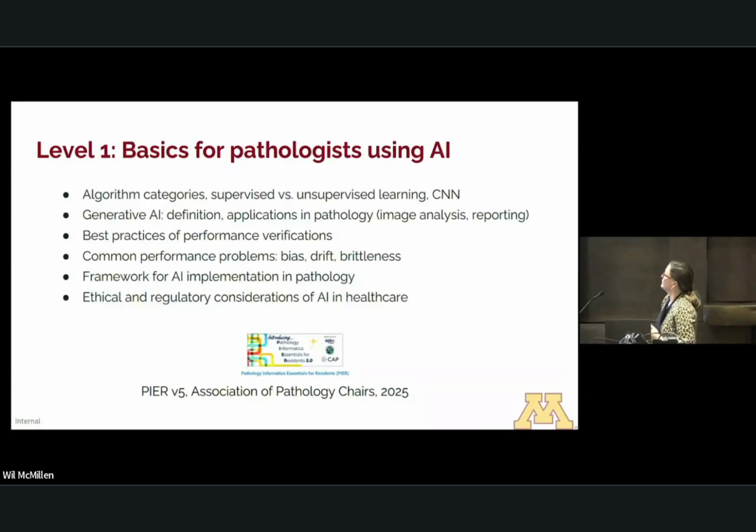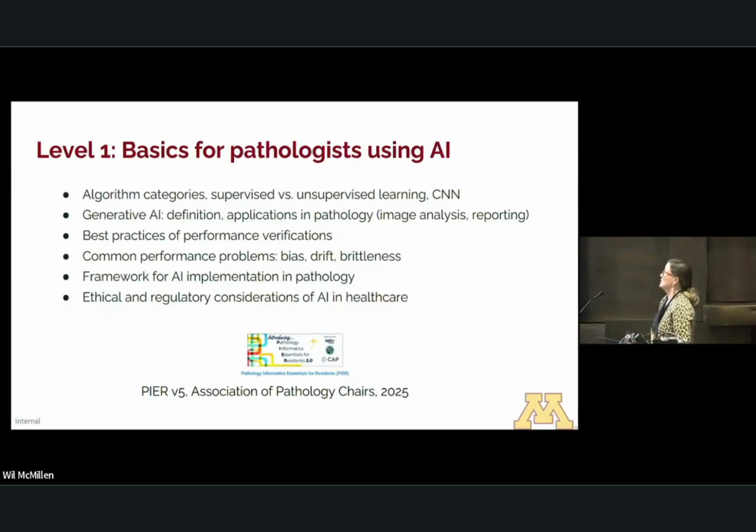So you should understand basic categories of algorithms, should understand the definitions and appropriate applications of tools like generative AI, both for language and for image analysis, understanding best practices of performance verifications and how those translate from the parameters we usually use in laboratory medicine and pathology compared to how the AI industry and researchers apply them.